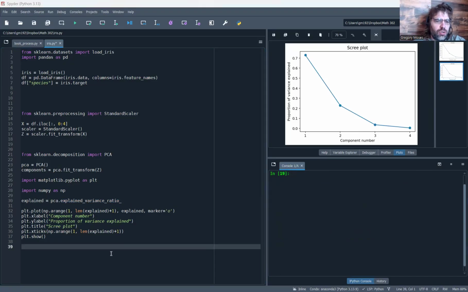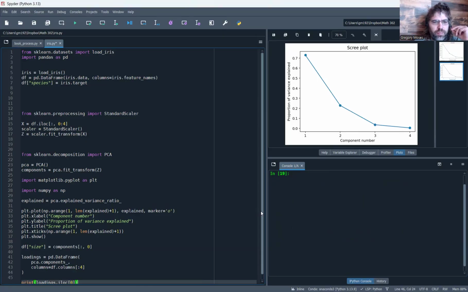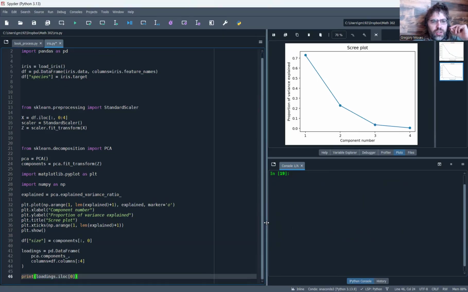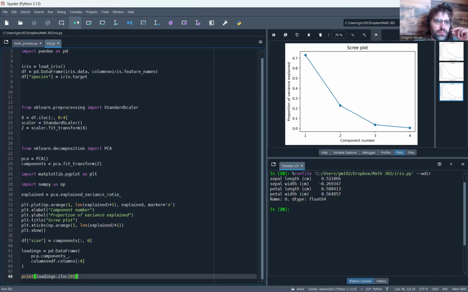We can also see the following. The principal component is a linear combination of the original variables. To clarify that, let me run this code. Over here, we get these numbers.